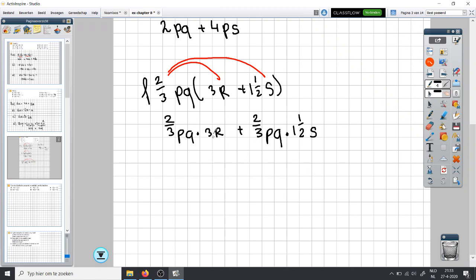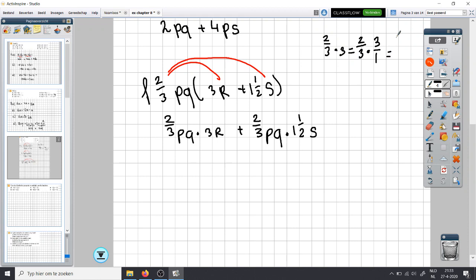What I could do is I multiply the numbers in front, right? So I multiply 3 with 2 over 3. And if I did that like this, then you could say that's the same as this, right? Because 3 is the same as 3 divided by 1.